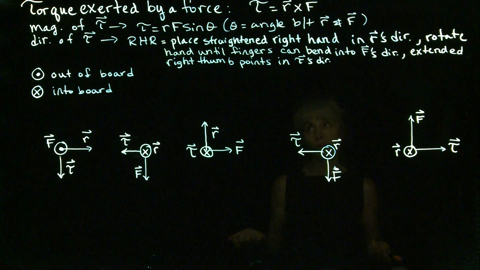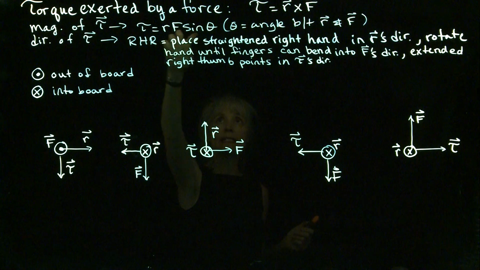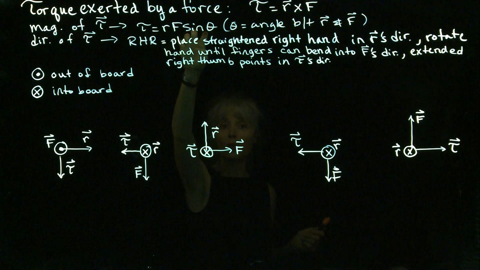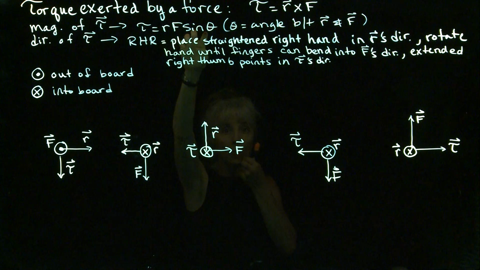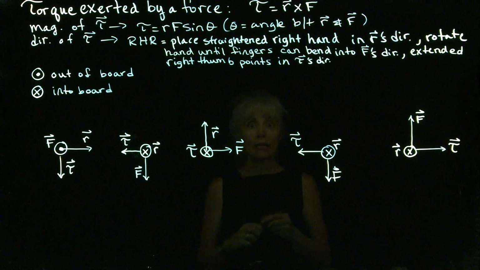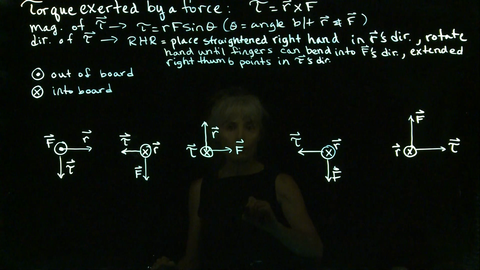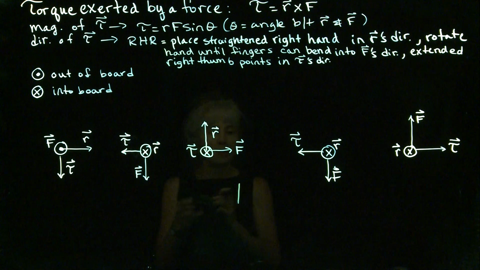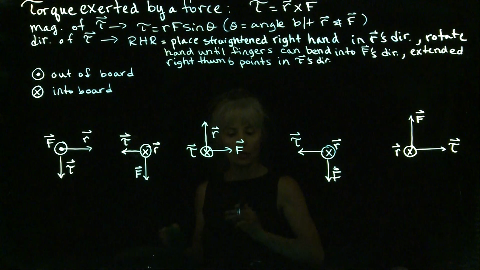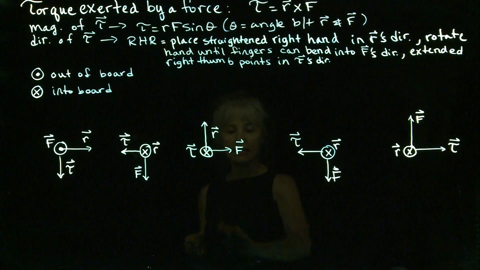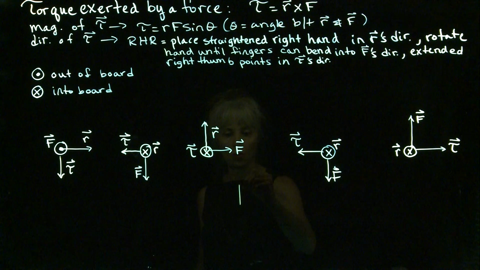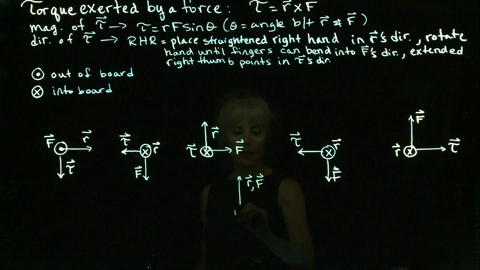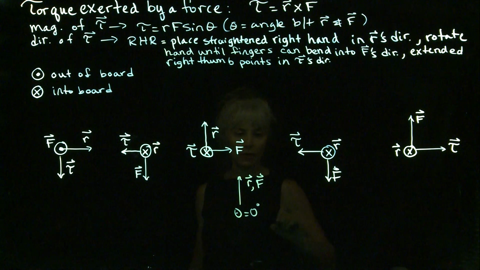The magnitude part is very straightforward. Notice that this angle theta that lies between the two vectors is always going to be between 0 and 180 degrees. In other words, the possibilities between r and F range from them being collinear in the same direction to them being in opposite directions. So when r and F are in the same direction, then the angle theta is 0 degrees.